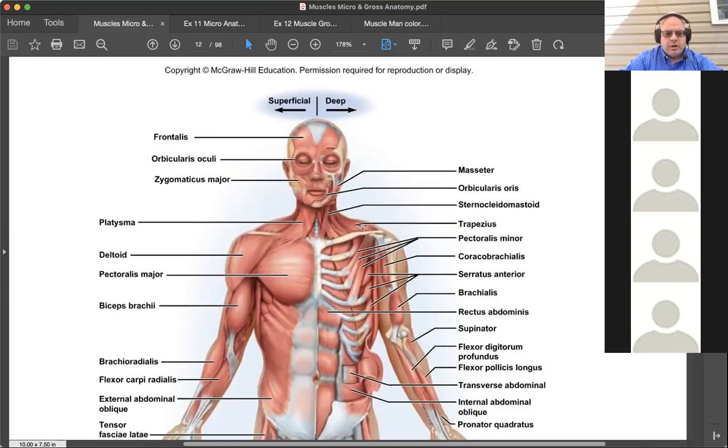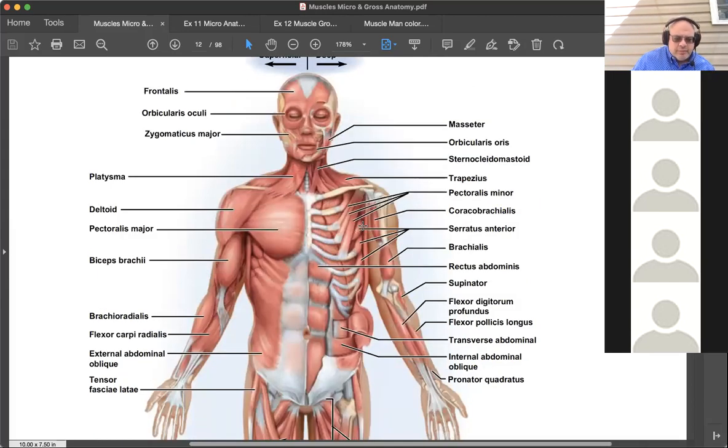So let's go over a bunch of those muscles we just looked at. The epicranius is one that I used to know as occipitofrontalis, but sometimes you'll see texts that refer to frontalis and occipitalis by themselves. Basically, you've got a frontal muscle, just above your eyebrows, which lifts your eyebrows when you give a surprised look.